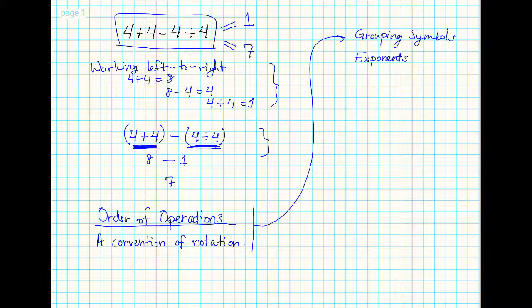So if I say 5 to the third power like that, that means 3 copies of 5 multiplied by themselves. After exponents, you should do multiplication and division. And after that, the very last thing is addition and subtraction.